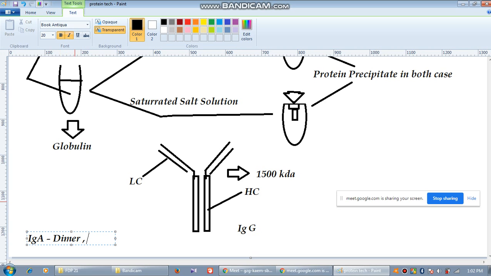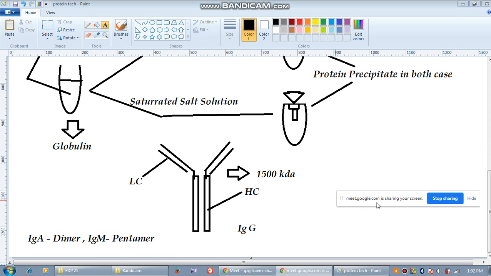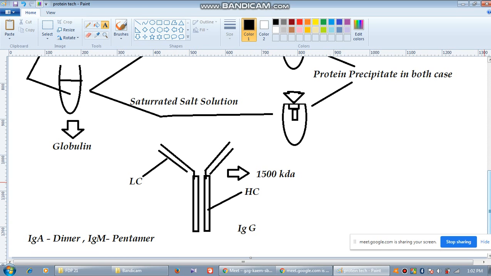Now if it is IgM, it is a pentamer. So what does it mean? It means that the molecular weight of globulins will increase. Okay, so there was one more experiment. Last time we did not speak about it, but this time we can.